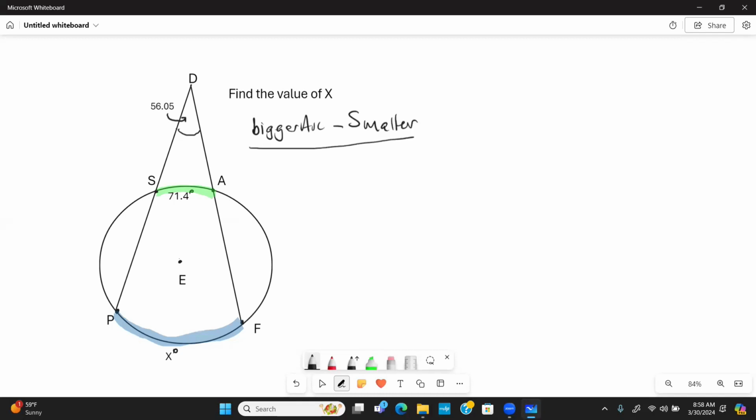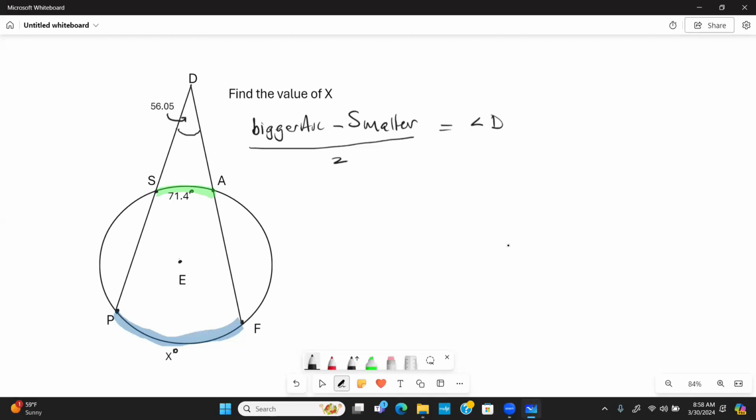If you divide this by 2, it's going to give you the angle at D. So the difference between the two intercepted arcs, half of that is going to equal the external angle formed where the secant lines meet.